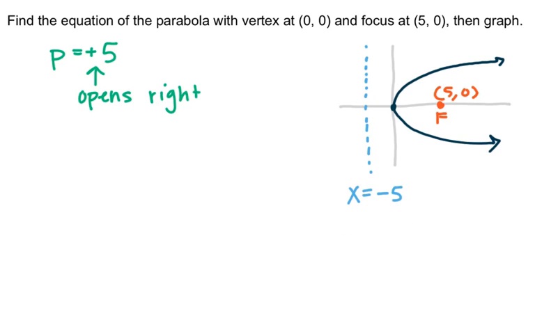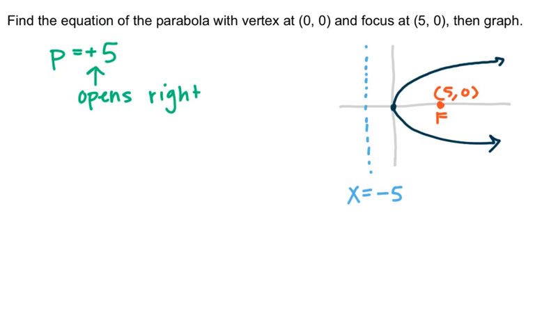I do want to warn you, when you're graphing these on your homework, they want you to graph your vertex first, and then you need to pick another point. Sometimes you have to get a little bit creative in order to come up with that point, and using the equation can help you. So in this situation, we're asked to find the equation of the parabola.